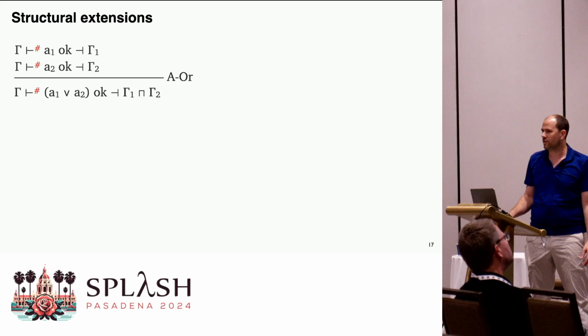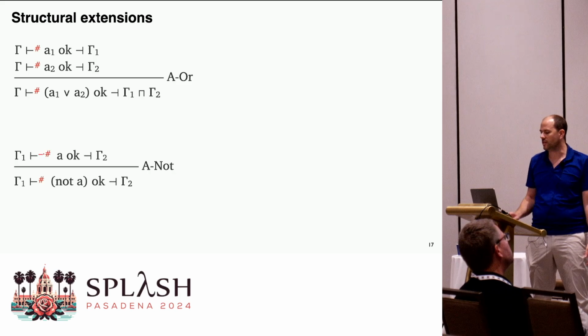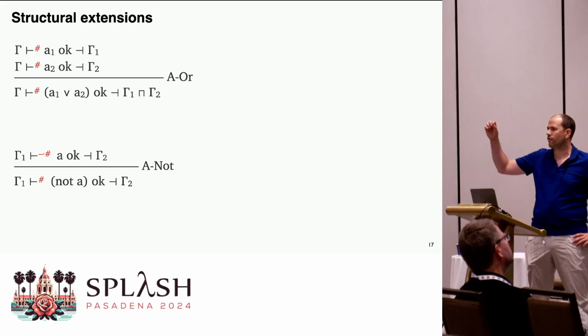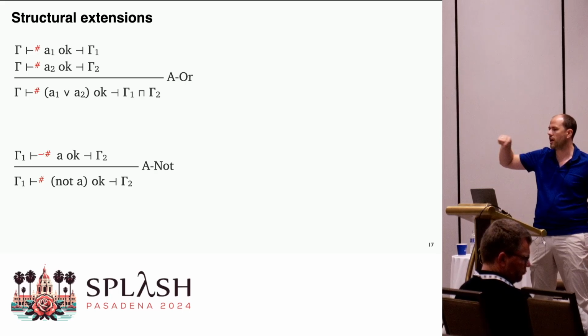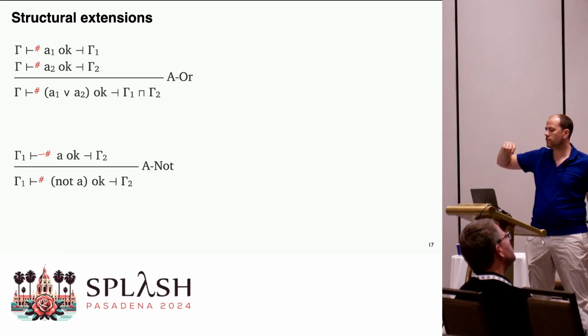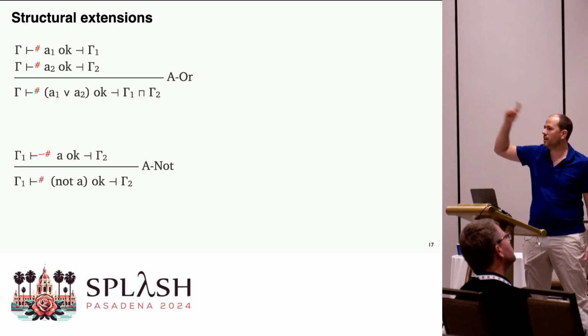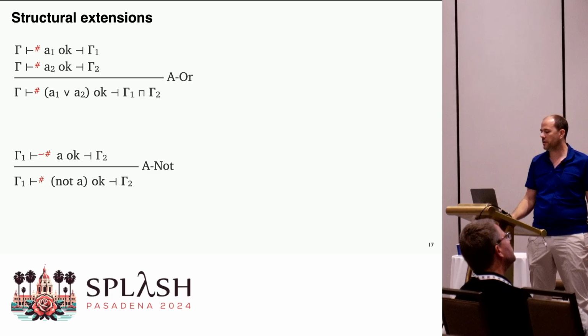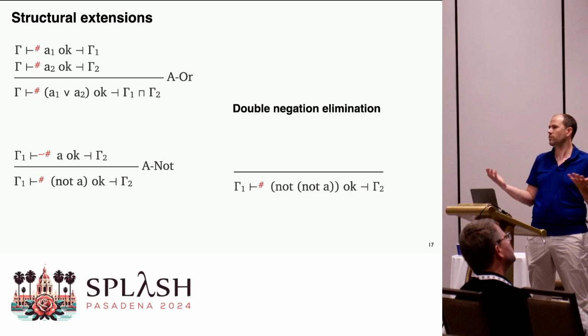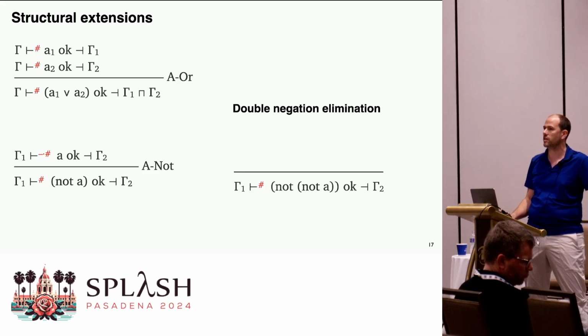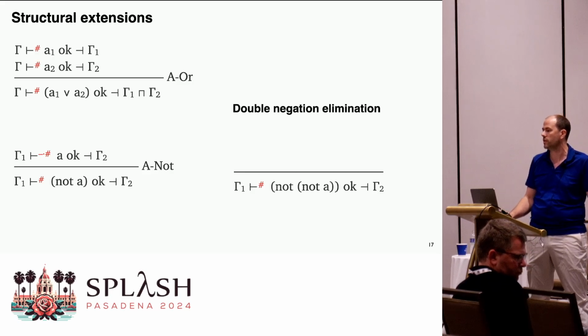But one of the most interesting things is actually negation. What is the polarity of negation? The polarity of negation is really just the flipped one. If you want to check if not A is valid, it's enough to check A, but you negate the polarity. And then you get this nice property of double negation elimination that we would expect, but now the static semantics actually explains that that's what we do get.